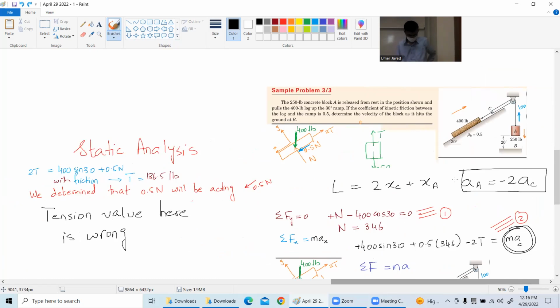I hope it is clear. Four equations, four unknowns. Right? 3 unknowns: tension, acceleration A, acceleration C. Normal force, we already found that.